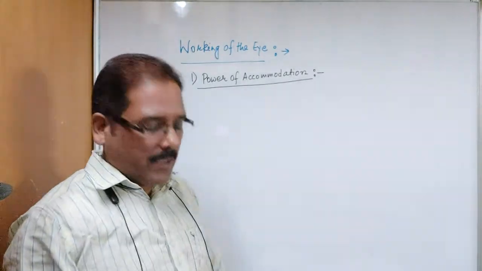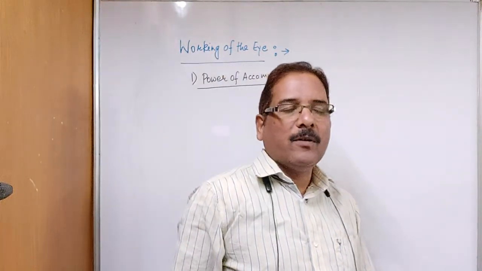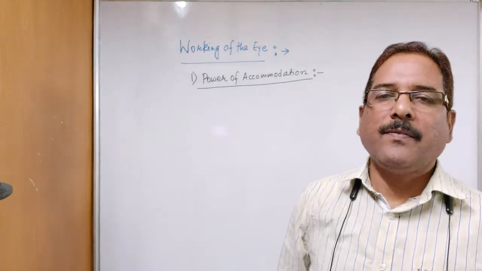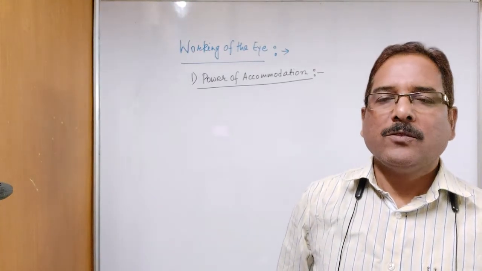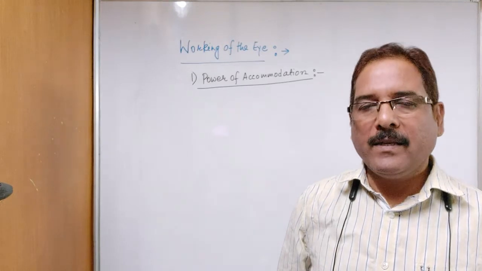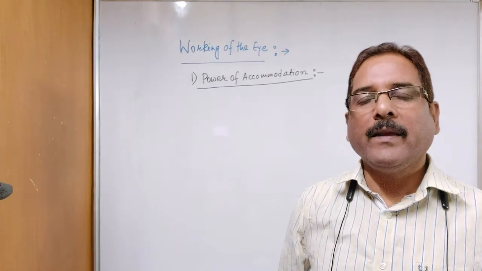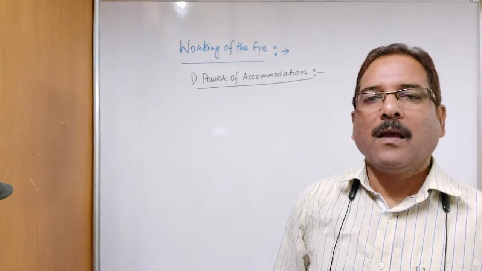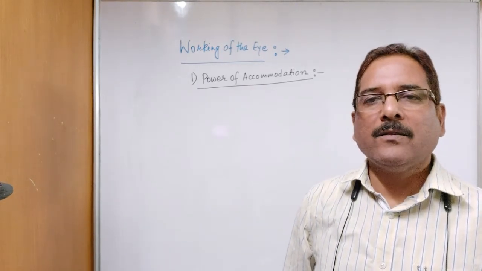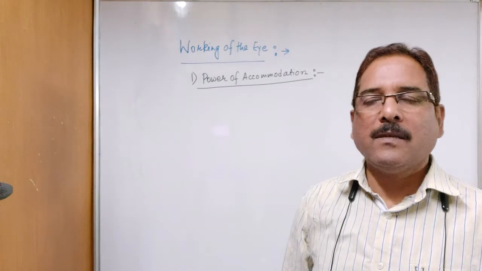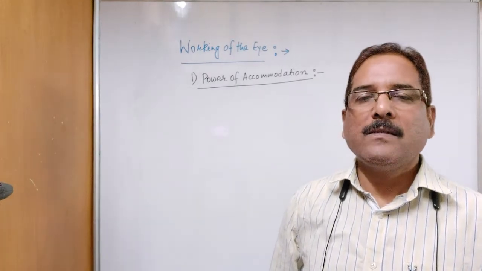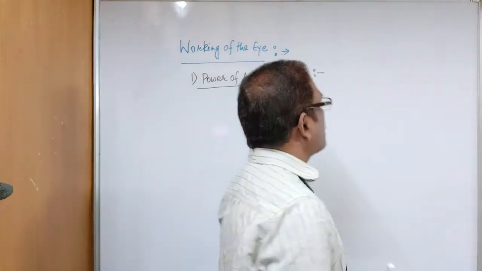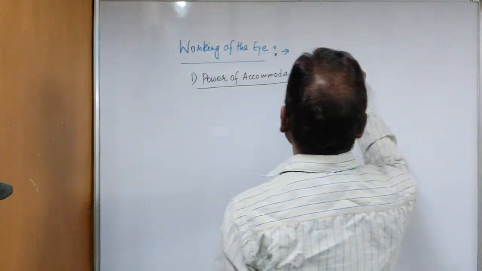Power of accommodation means we are able to see nearby objects as well as far off objects. So the ability of our eye lens to see nearby objects as well as far off objects by changing the focal length of the eye lens through ciliary muscles is known as power of accommodation. So this term is important, right?